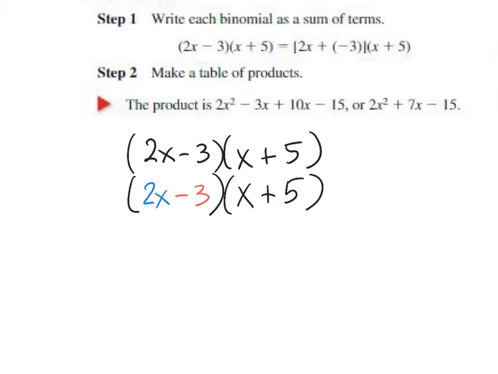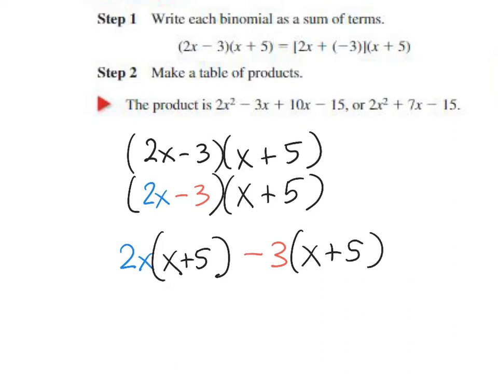So I'll show this as 2x times x plus 5 minus 3 times x plus 5. So you can see where it's a double distributive property. So I am multiplying 2x times x gives me 2x squared. 2x times 5 gives me plus 10x.